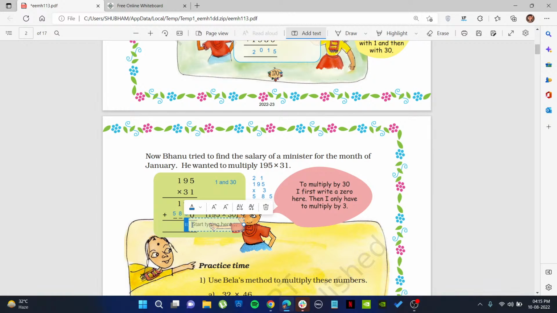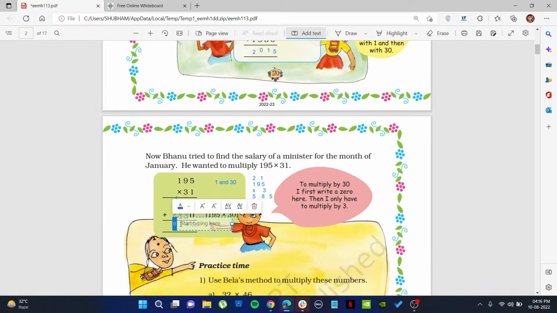So 0 add 5 would be 5. 9 add 5 would be 14. So we'll be writing 4 here, and 1 will be regrouped at the top. 8 add 1 gives us 9, and we'll be adding this 1, it will become 10.